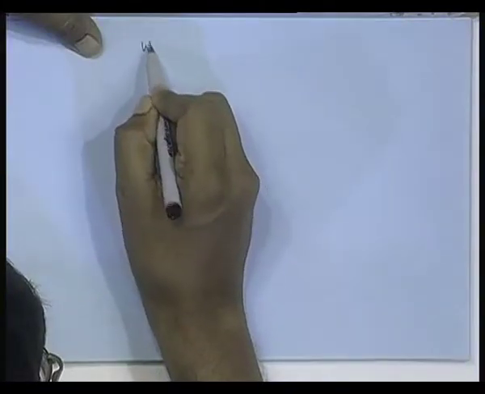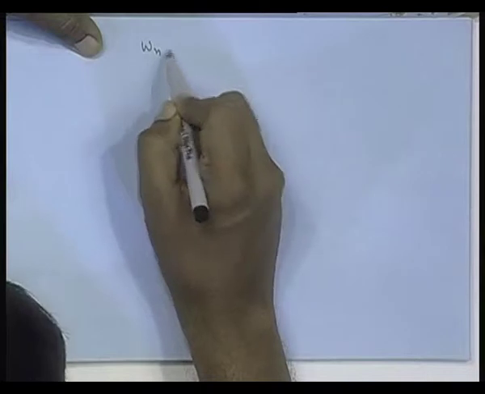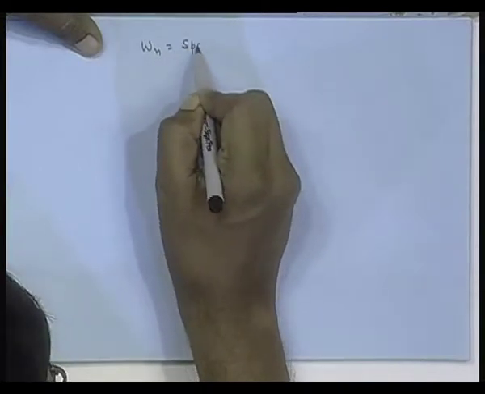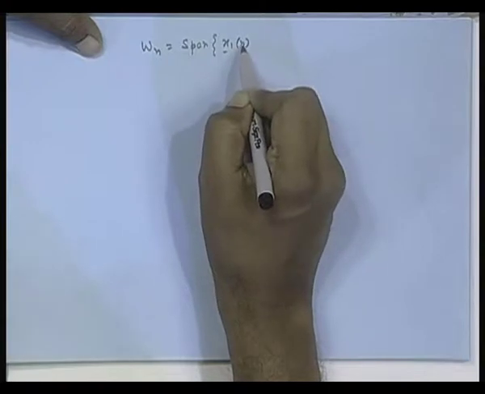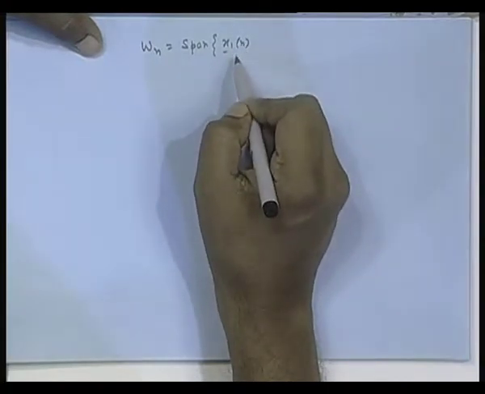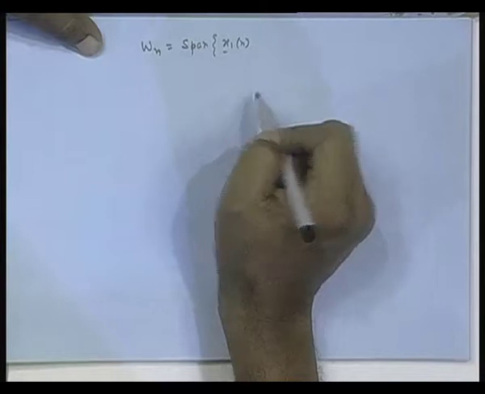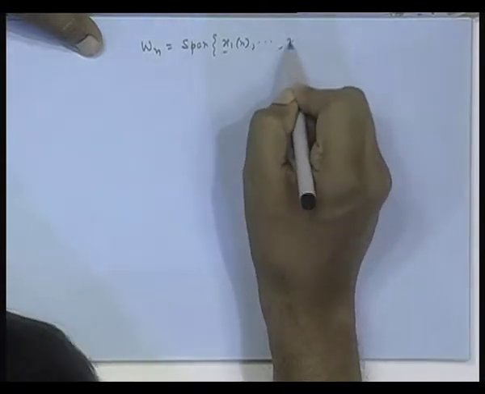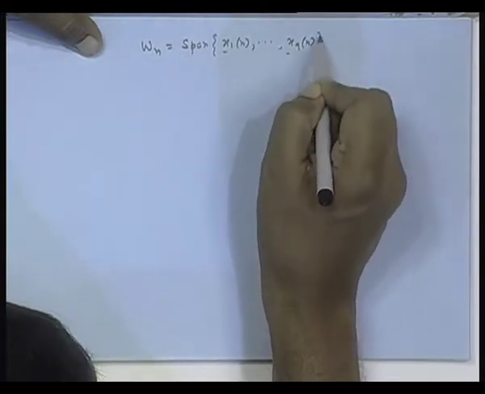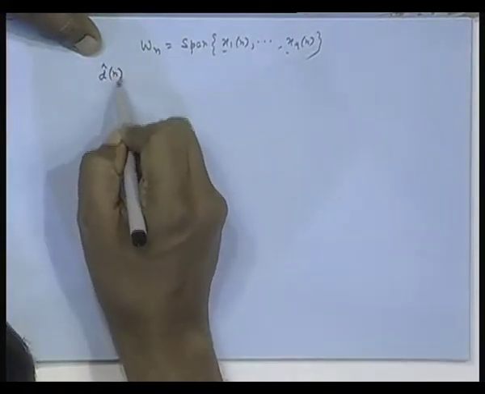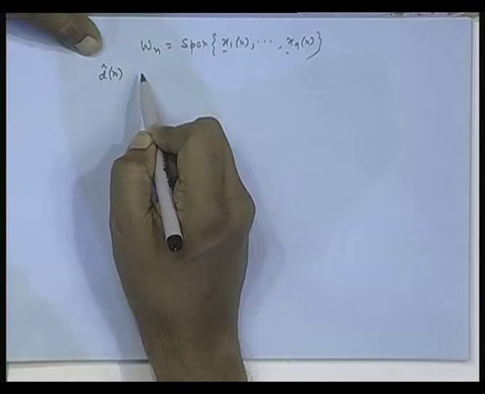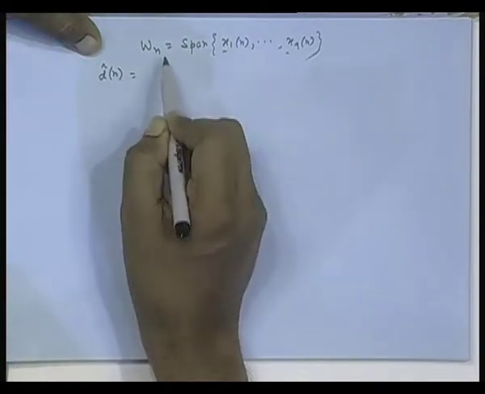That is, we consider the space Wn. Remember, Wn is the span of, I already defined what x1n is, it starts at n equal to 0, x1 0, x1 1, up to x1 n, length n plus 1, up to xqn. I have to find this vector d cap n, the estimate of d, which is the orthogonal projection of dn on this space.